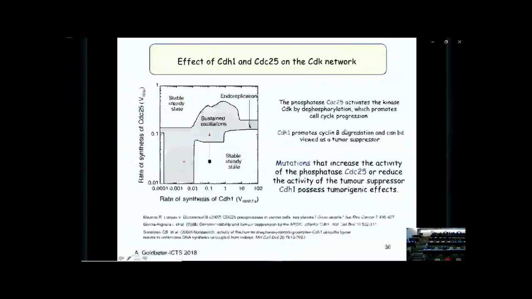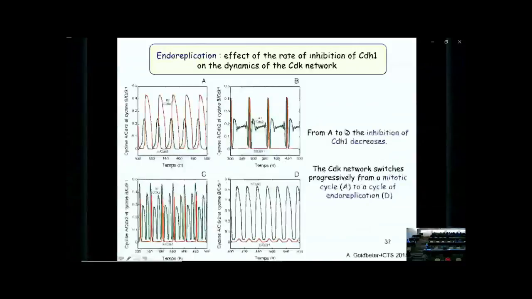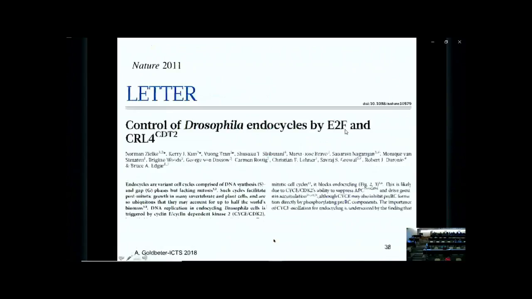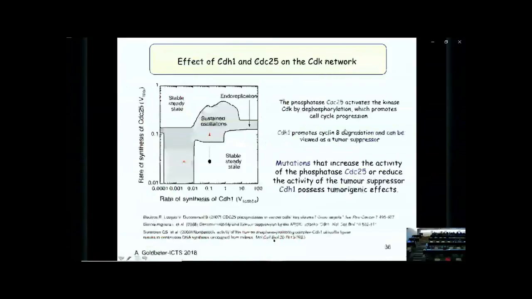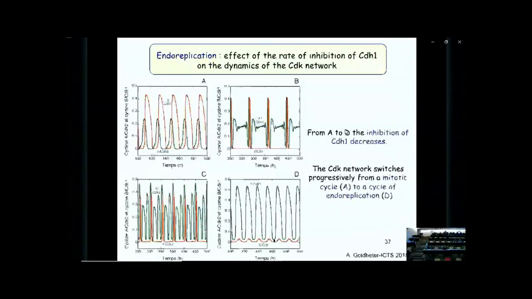What is endoreplication? It is shown here in panel D. We have high peaks in CDK2 and small peaks in CDK1, which correspond to successive rounds of DNA replication without cell division. And this is called endoreplication.